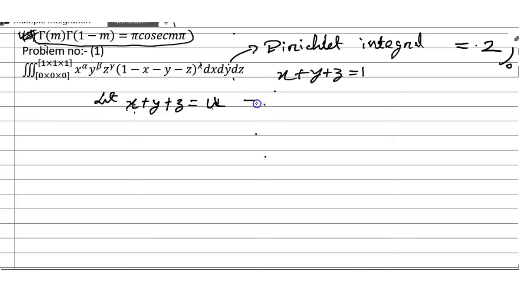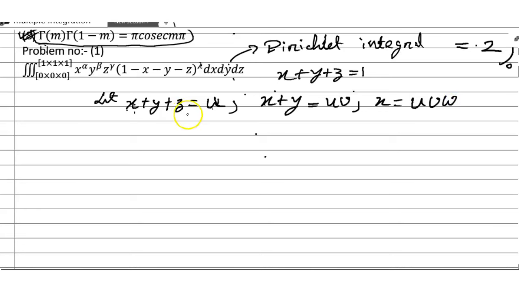So friends, that implies I take this, it is u. After that, x plus y equals uv and x is equal to uvw.